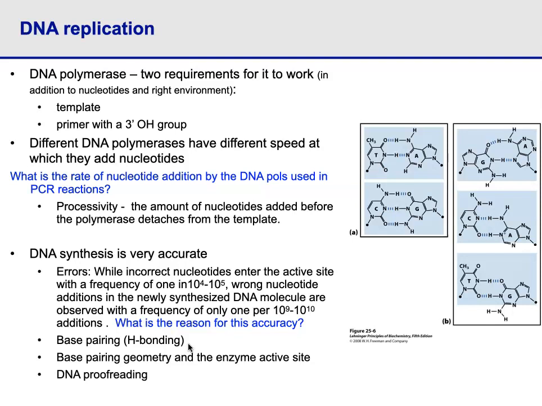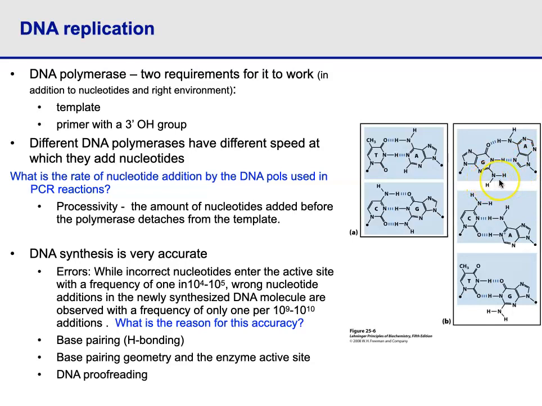But that's not what happens in the active site of DNA polymerase. The geometry that the pairs achieve is critical for them to actually work out. If you have a T in the active site from the template, only A will fit in the active site's parameters. If you have a C shown here, only G will fit in the active site's parameters, and vice versa for both cases. But if you have a G and you try to fit an A, that won't happen very well.